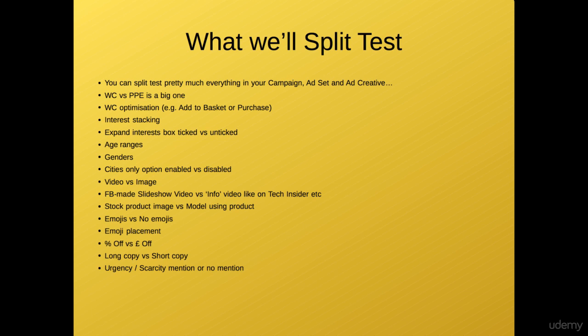Versus outsourcing to an Upwork freelancer or a Fiverr freelancer who can produce you a really, really impressive video with text overlays and things like that. Stock product image, so like a shot with, it's just got a plain white background, it's just the product, versus someone actually using the product.